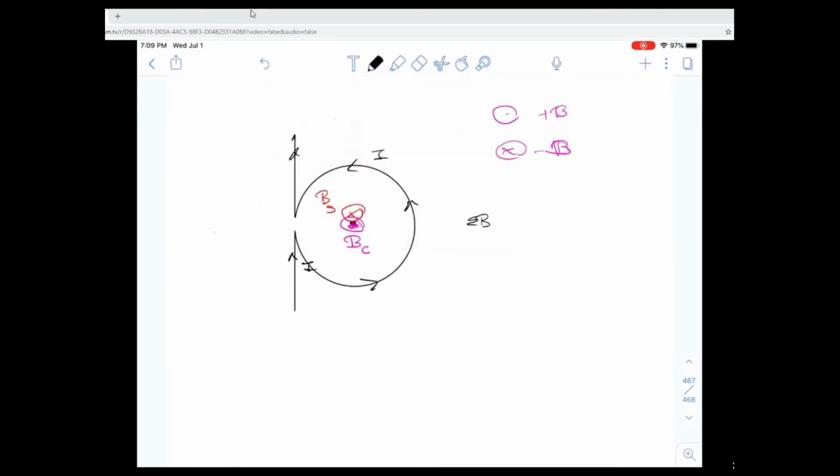So the total magnetic field at point C, the center, is going to be the magnetic field coming out of the page, which is due to the circular portion. And the component of the magnetic field going into the page, we will take that to be negative.